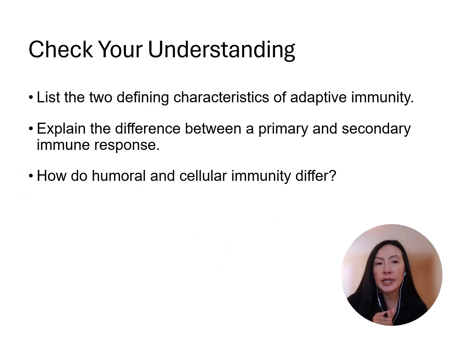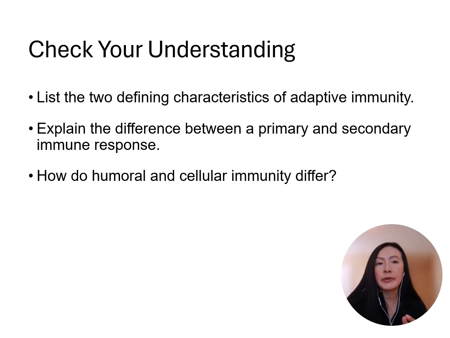This first checkpoint asks, list 2 defining characteristics of adaptive immunity. So 1 is specificity. We target unique antigens on specific pathogens. And the second is memory. The adaptive immune system responds faster and stronger upon re-exposure. For the second checkpoint, they ask us to explain the difference between a primary and secondary immune response.